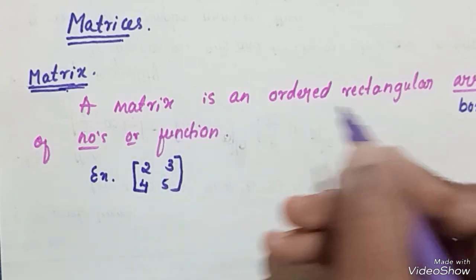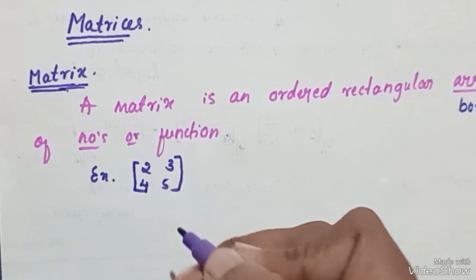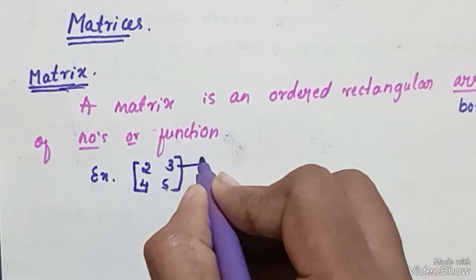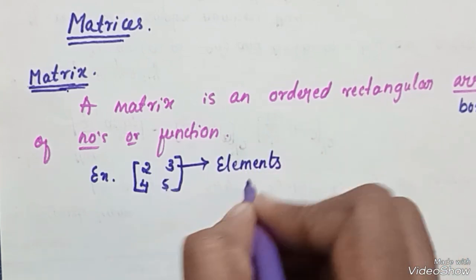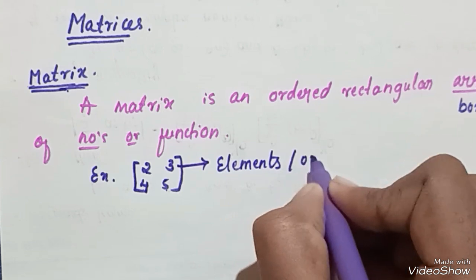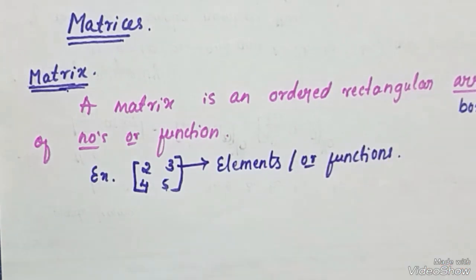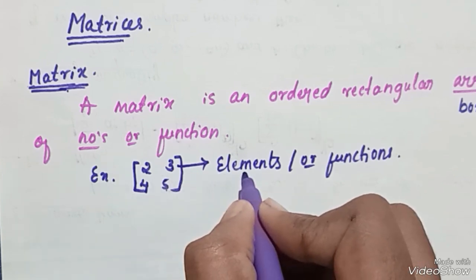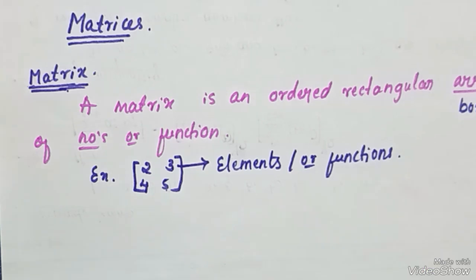A matrix is an ordered rectangular array of numbers or functions. All these numbers, these entries, are called elements. These real values or real entries are called elements; other than real entries, they are called functions.